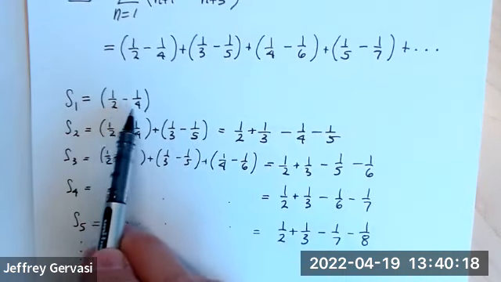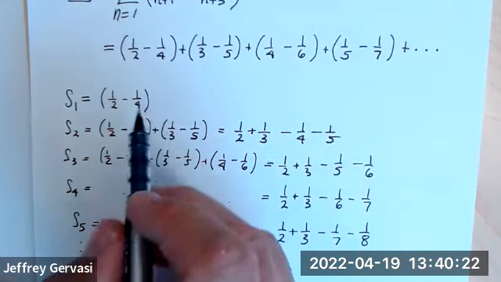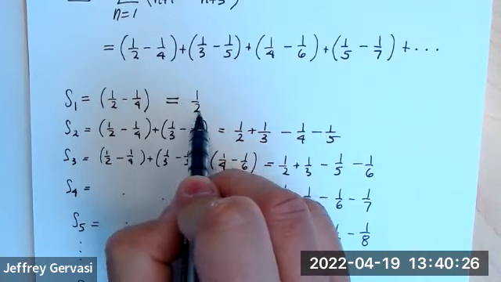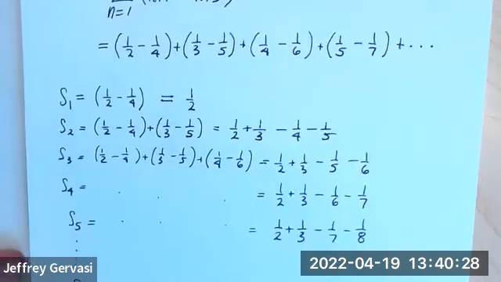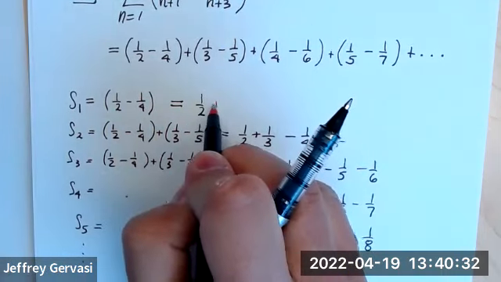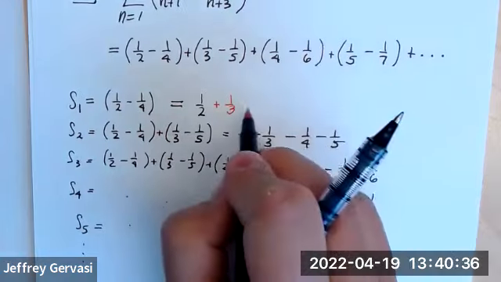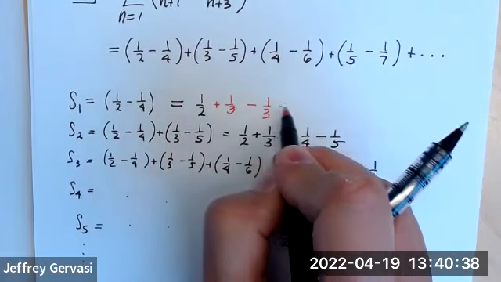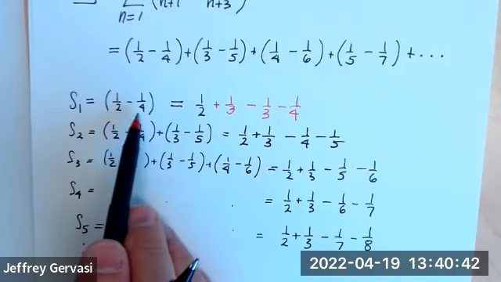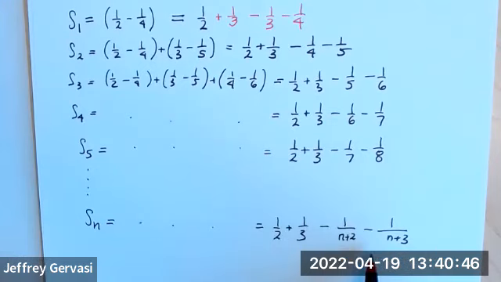But what about this one? Well, maybe we write it like this. Let's write it as 1/2 plus 1/3 minus 1/3 minus 1/4. Right? Because that's the same thing as this. And then it fits the pattern that we established down here.